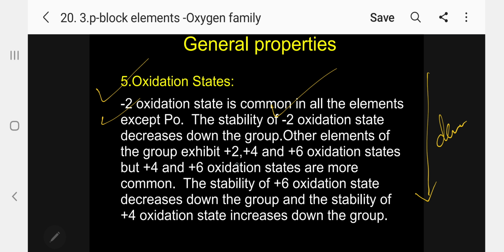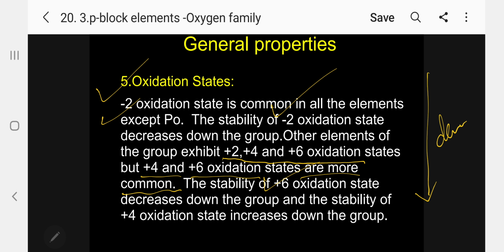Other elements of the group exhibit +2, +4 and +6 oxidation states, but +4 and +6 are more common among this family. The stability of the +6 oxidation state decreases down the group, and the stability of the +4 oxidation state increases down the group. Please follow.